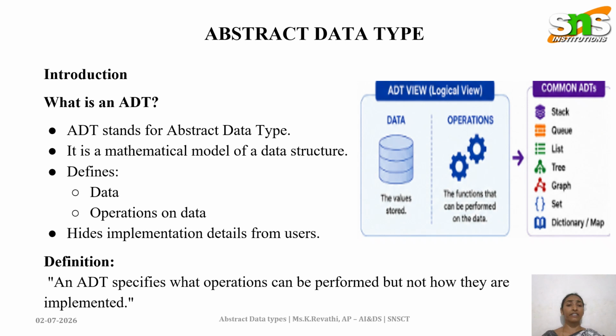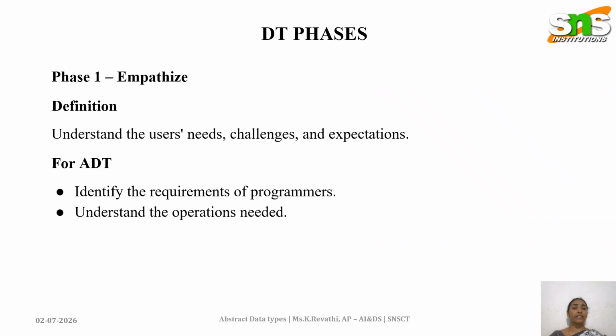Next, let's see the comparison between the ADTs and the data structure. Many students confuse ADT with data structure. Let's understand the difference between both of them. An ADT tells us what operations should be performed on data.